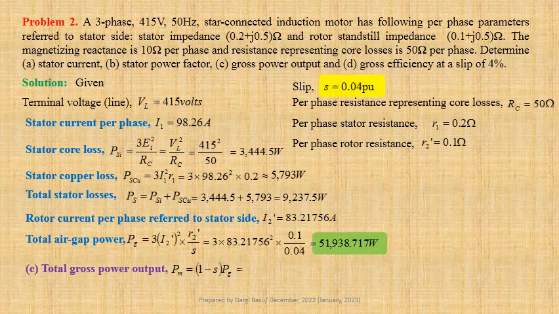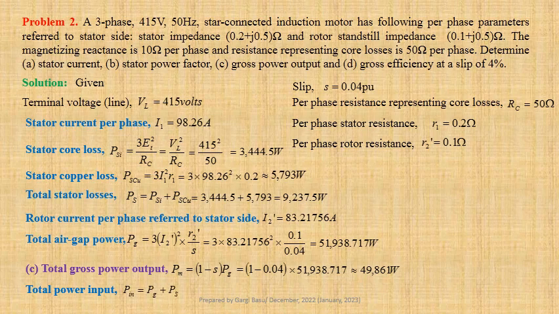Expression for total gross power output Pm equals 1 minus S times Pg. Using values we get 1 minus 0.04 into 51,938.717, which is approximately 49,861 watts. Let us now determine total power input. Pin equals Pg plus Ps.